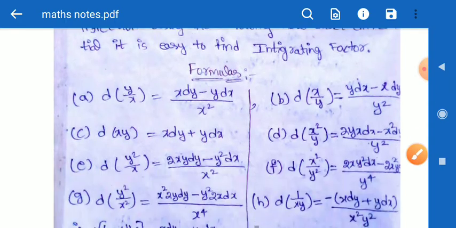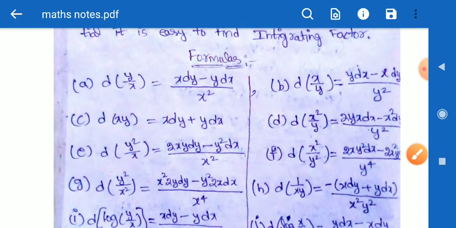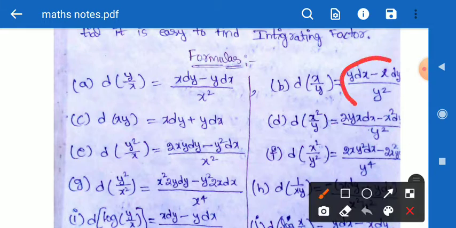The formulas are: a, d of y by x is equal to x dy minus y dx by x square, means the given differential equation can be written in exact form, that is d of y by x. Another, b, d of x by y is equal to y dx minus x dy by y square, means the given differential equation can be written in exact form, that is d of x by y.